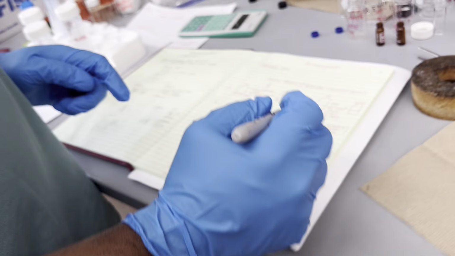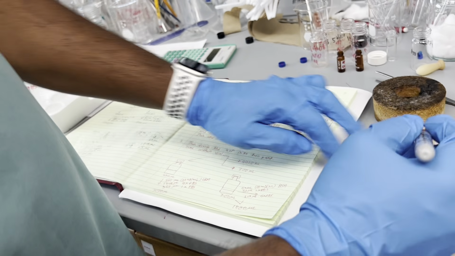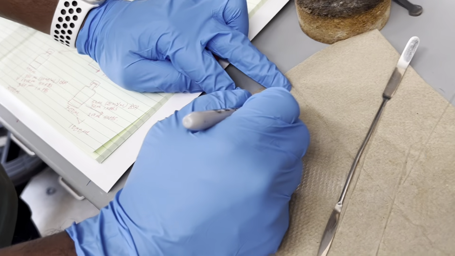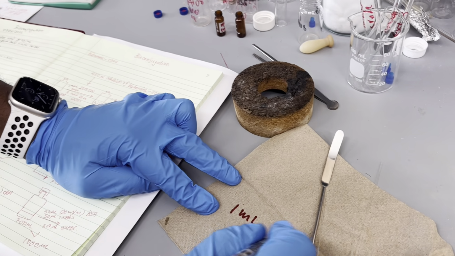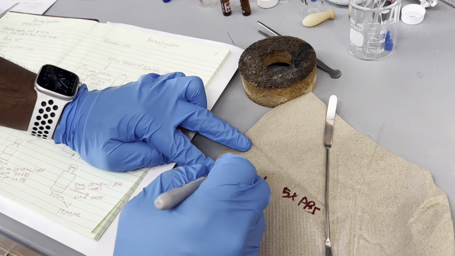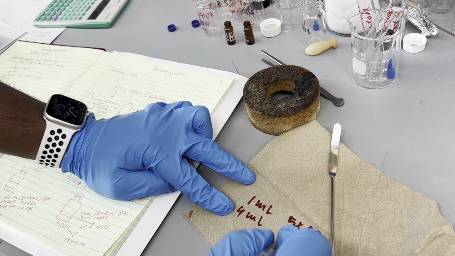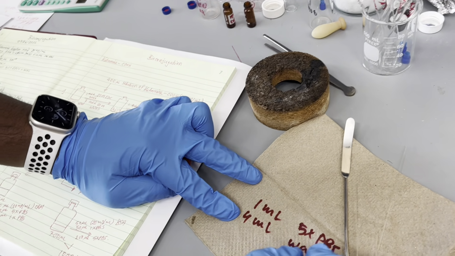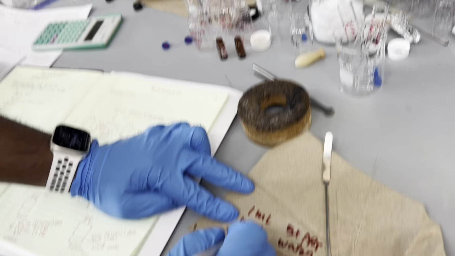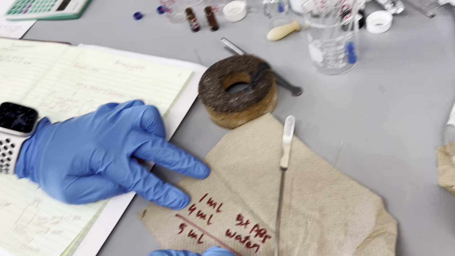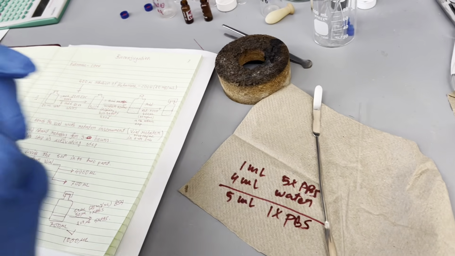Usually it's by a factor of 5. I will take 1 milliliter of 5x PBS, and then I will add 4 milliliter of water. So I will get 5 milliliter of 1x PBS.